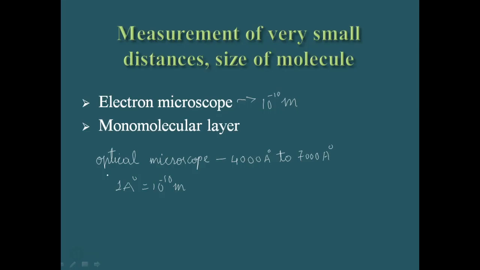In recent times, tunneling microscopy has been developed, in which again the limit of resolution is better than an angstrom. In tunneling microscopy, it is a little bit improved. We can measure even smaller ranges. It is possible to estimate the sizes of molecules.